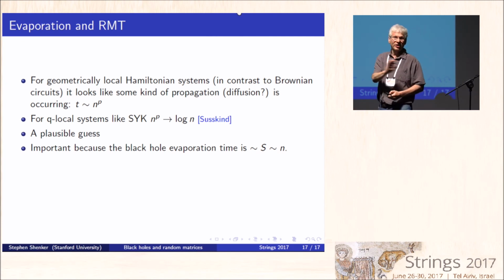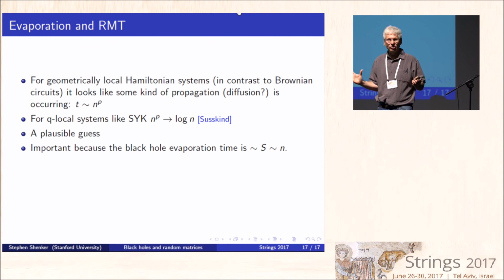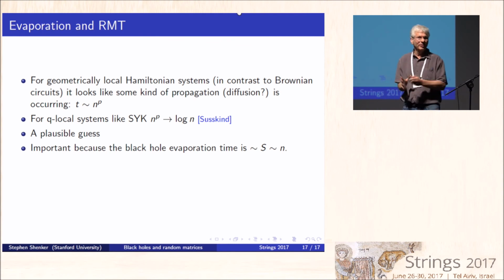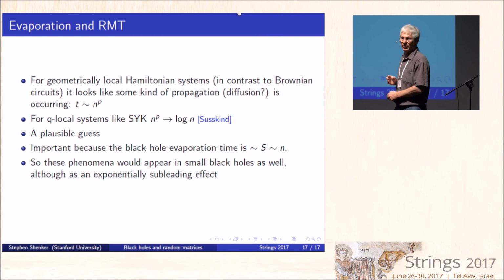So if this time scale is shorter than n, a logarithm of n is shorter than n, I'll remind you, it means that this random matrix behavior sets in quite early, even before a black hole has time to evaporate. So even in small evaporating black holes, this signature of the graininess, of the finiteness of the entropy, is visible. It's not a long time phenomenon. It's just exponentially damped. So it's still in principle possible to suss out.